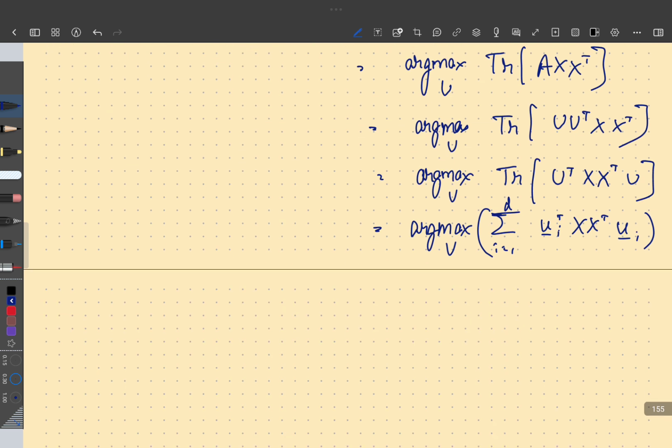Correct. So the right hand side is maximized when you choose U1, U2 up to UD to be eigenvectors corresponding to the D largest eigenvalues. Note that the matrix in question, XX transpose, is symmetric and positive semi-definite. So all of the eigenvalues are real, and in fact they're all greater than or equal to 0.